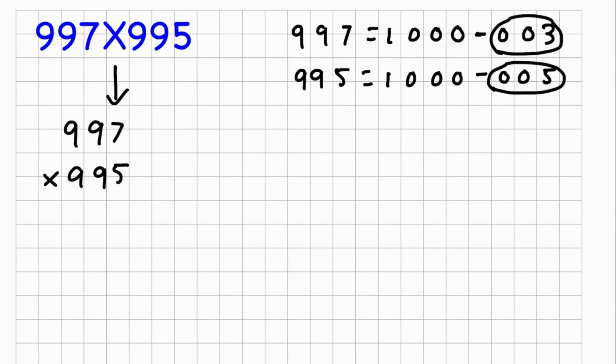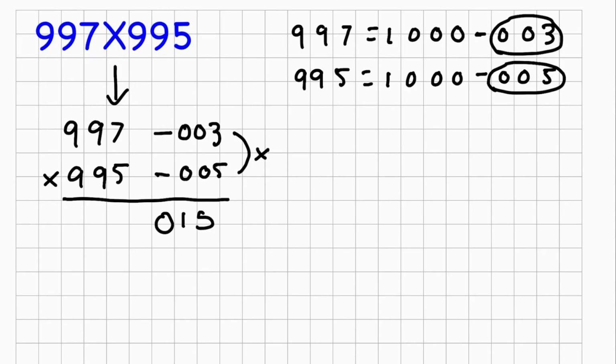Now we write this minus 003 over here, and this minus 005 over here. Now, multiply minus 003 and minus 005 to get 015.